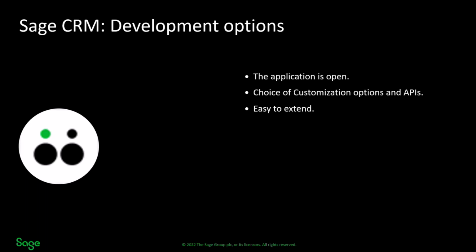So it is a perfect tool for allowing you to work out how you can accomplish things. Though it is open, you've got a very wide range of customization options and APIs, and altogether it becomes a very easy product to extend.